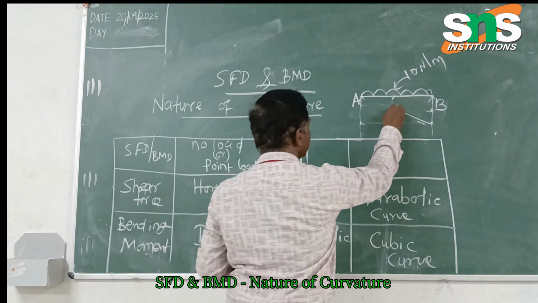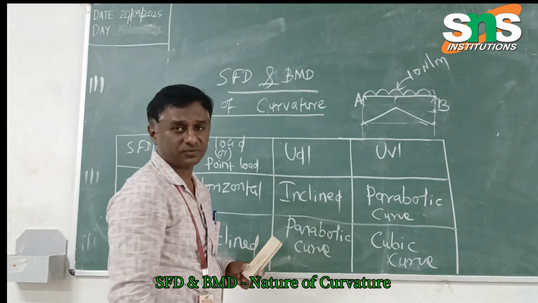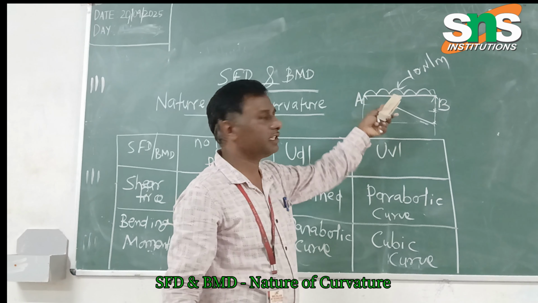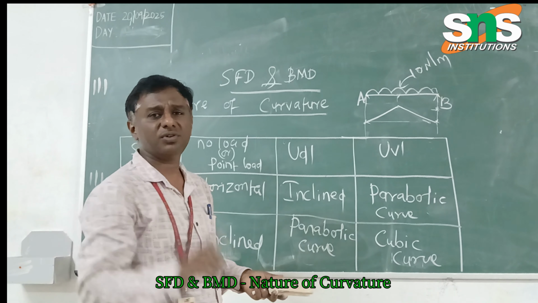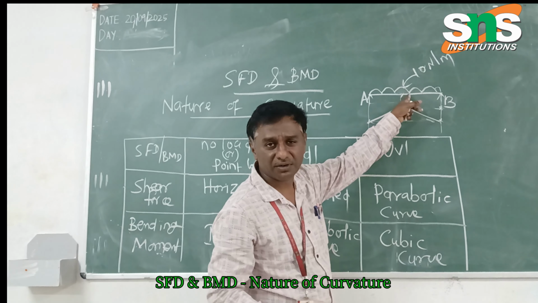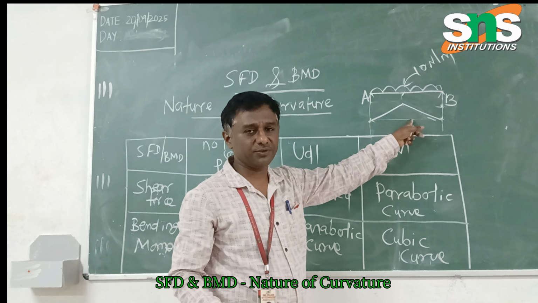It may be positive or negative with respect to the value, but don't consider values here. I am concentrating only on what curvature the shear force follows for a UDL.